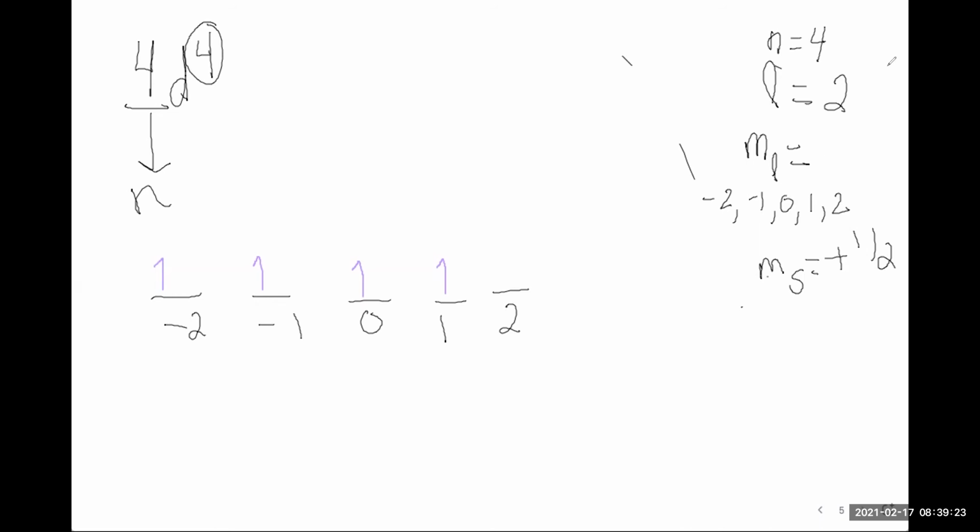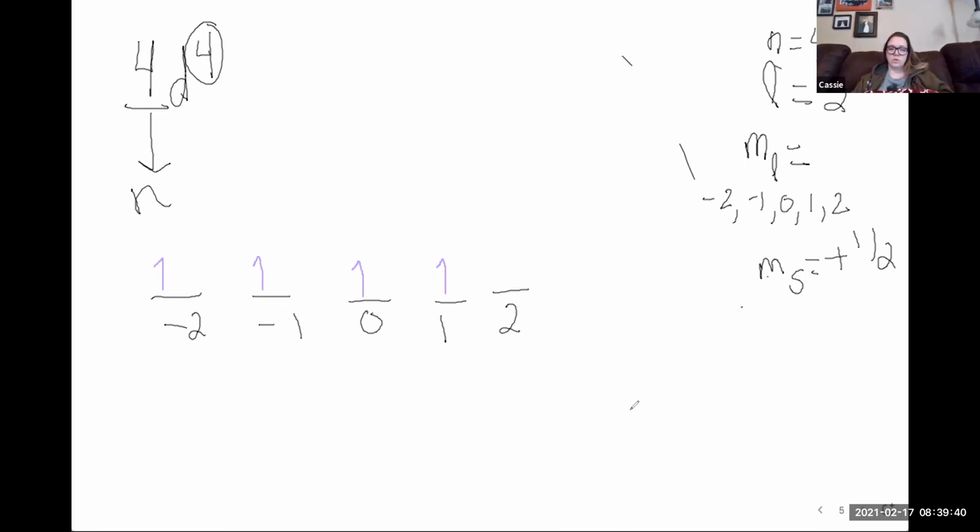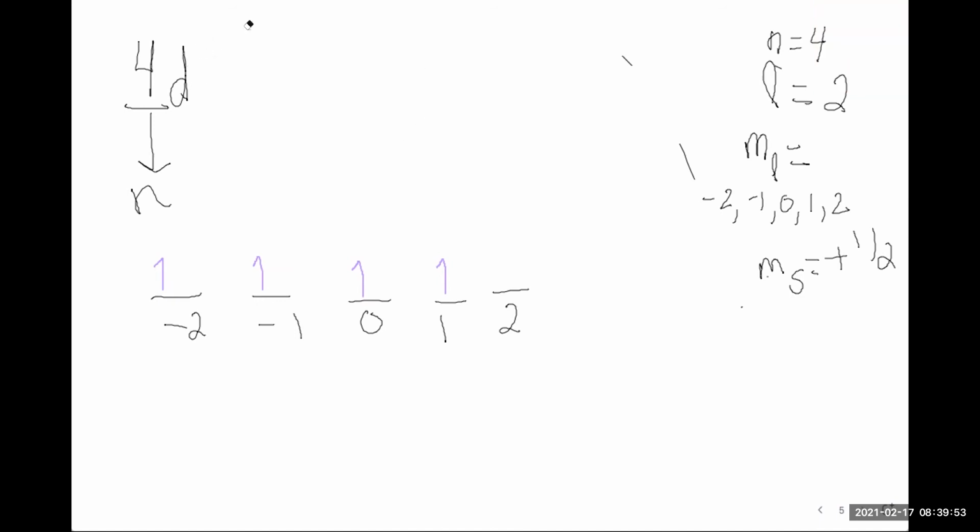Jessica, I have a question. Go ahead, Cassie. Can't you just count out your electrons based off of your ML? Like you have 4, so can't you just start off at -2 and say 1, 2, 3, 4, see that it lands on -1 and knowing that it's an up, just assume? Or do you always have to draw it out? That's actually a great question, and something you have to be careful about.